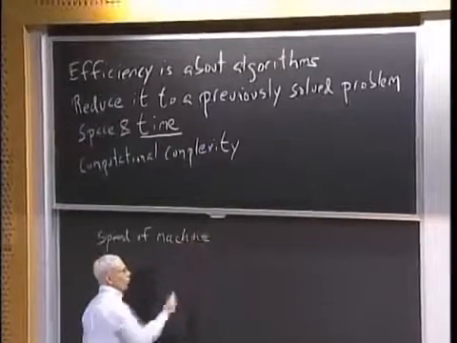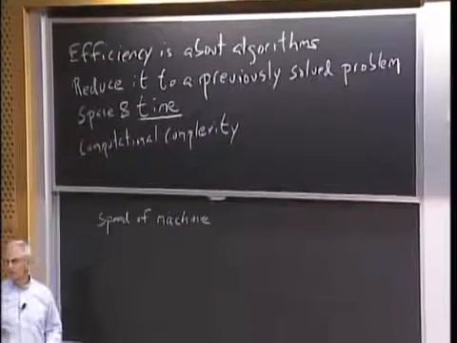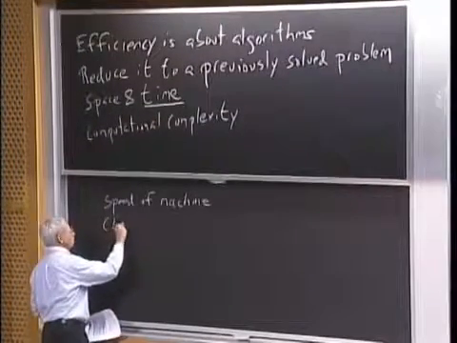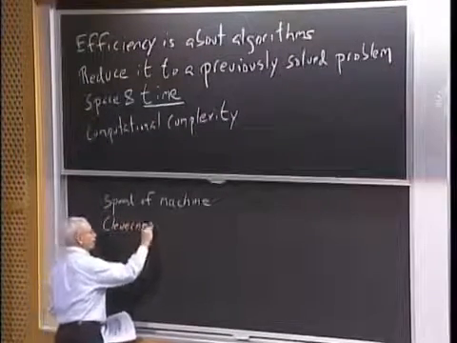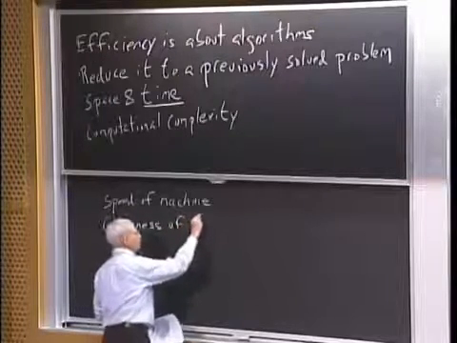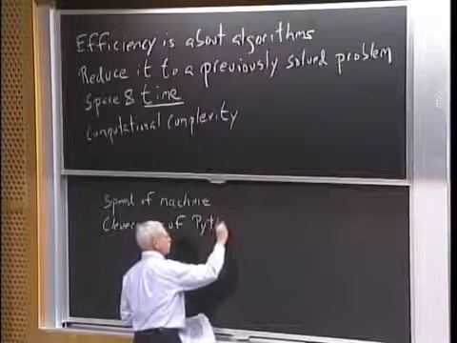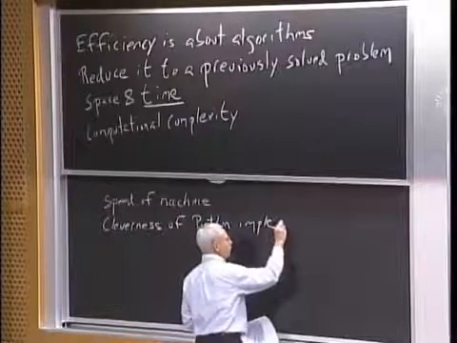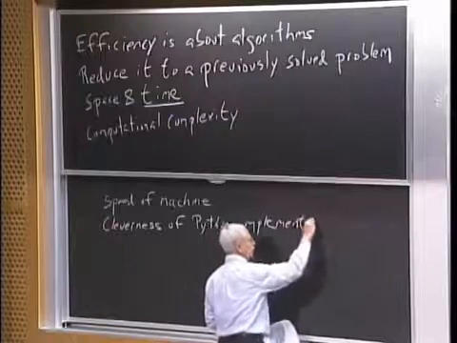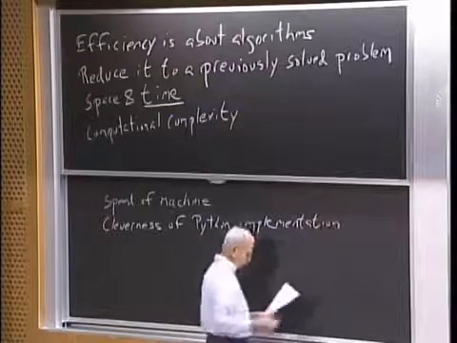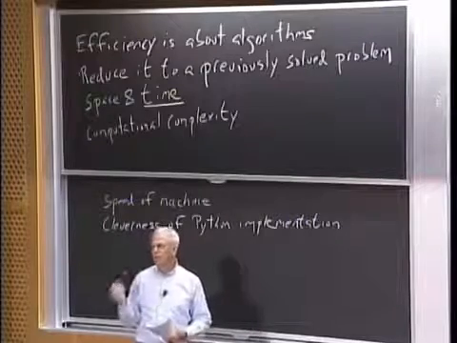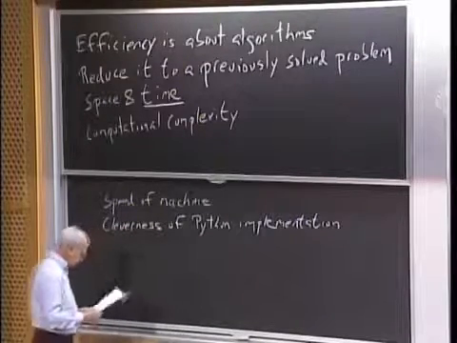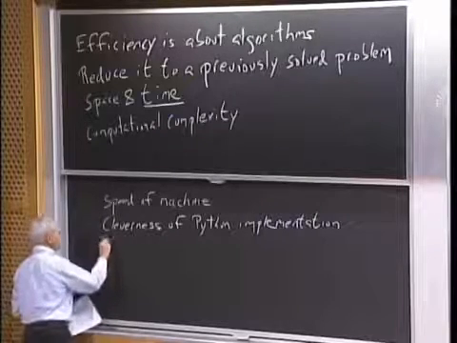So a program that took 1 minute on my computer might take 30 seconds on yours. It has to do with the cleverness of the Python implementation. Maybe I have a better implementation of Python than you do, so my programs will run a little bit faster. But most importantly, the reason we don't depend upon running programs is it depends upon the input.